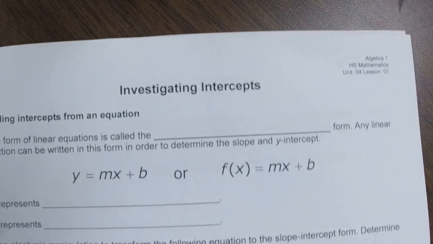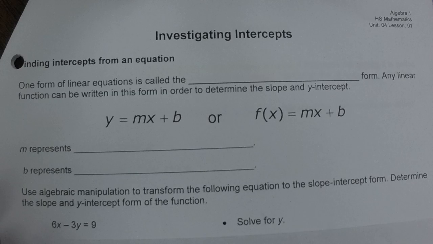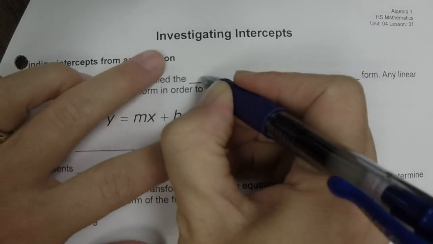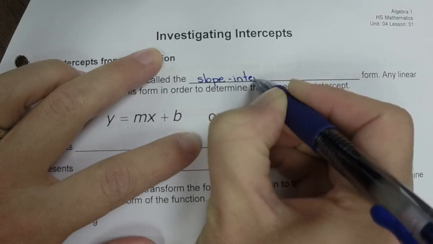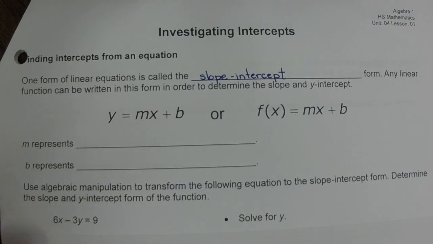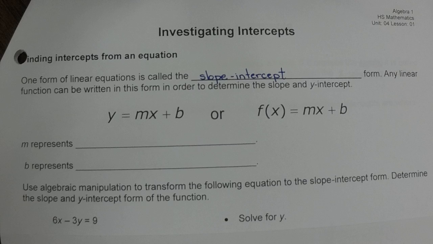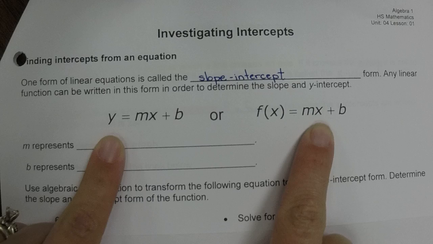All right, so we've talked about how to find an intercept on a graph. We've talked about how to find the intercept on a table. Now it says, how do we find an intercept when they give an equation? We know that one form of linear equations is slope-intercept, meaning that they give you your m and your b. That would be this one, y equals mx plus b, or f of x equals mx plus b.